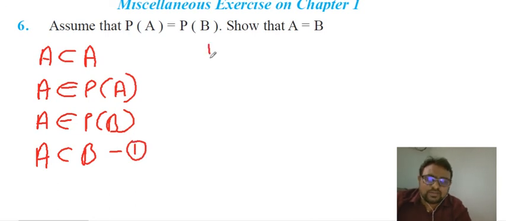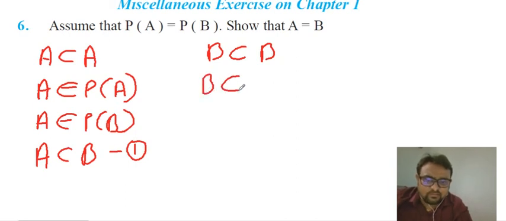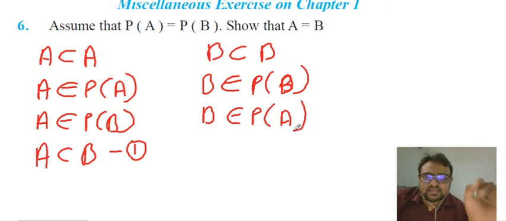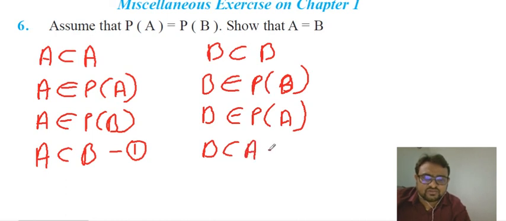Now, similarly, B is a subset of B. That means B will be included in the power set, because the power set consists of all the subsets. And P of B is given equal to P of A. That means B belongs to the power set of A. Now, as B belongs to the power set of A, that means B is a subset of A. This is equation 2.